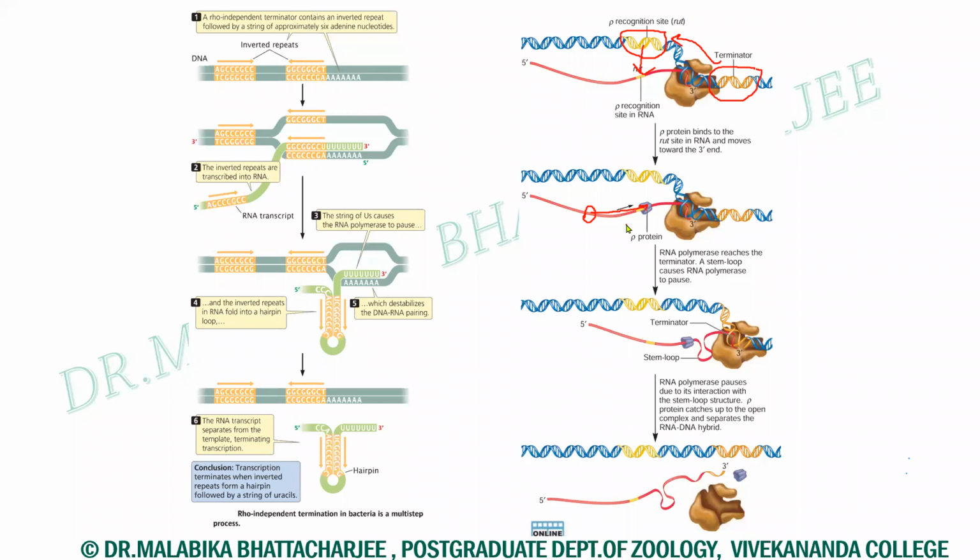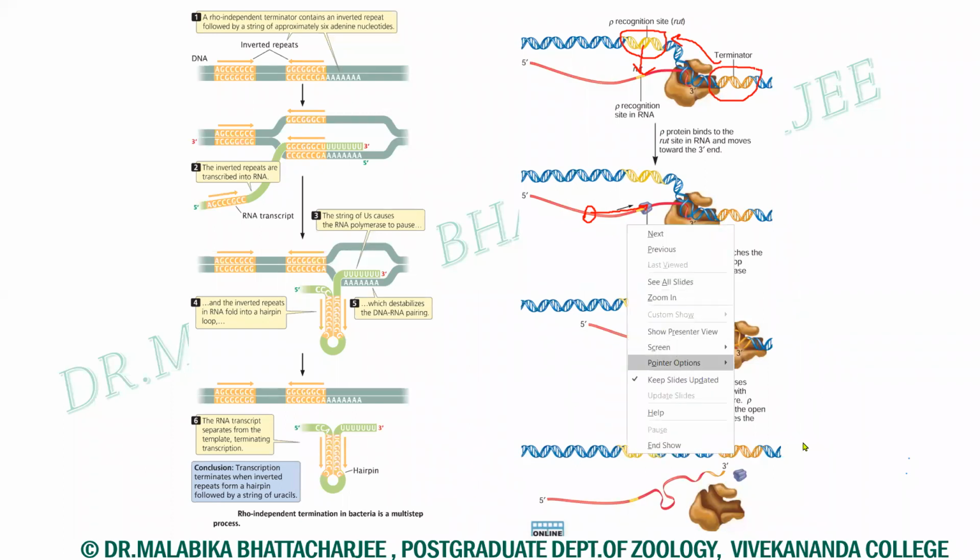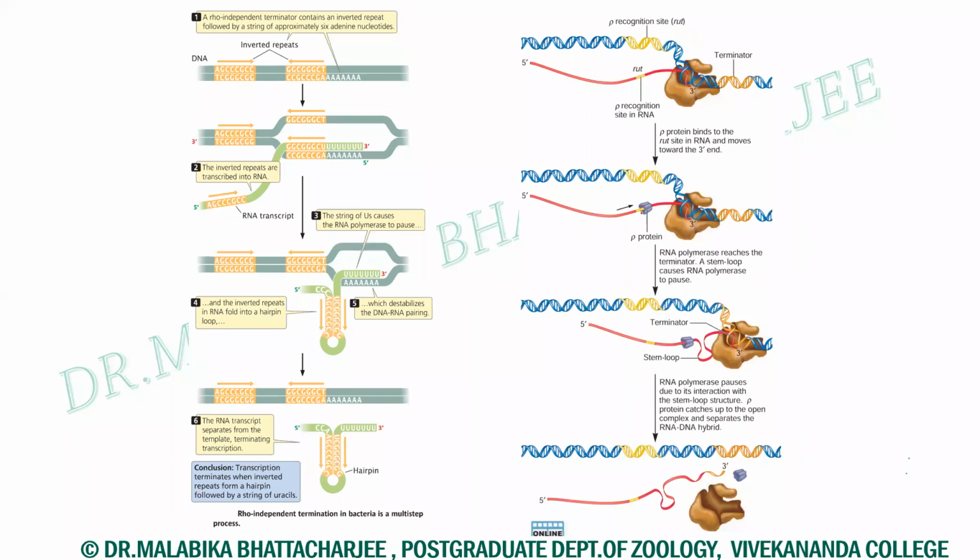The function of this RUT site is that rho recognizes the RUT site, and the picture is shown in form of subunits only. The 6 subunits bind here and they start moving towards the polymerase. By the time they are moving towards the polymerase, you can see the polymerase has completed transcribing the terminator part also.